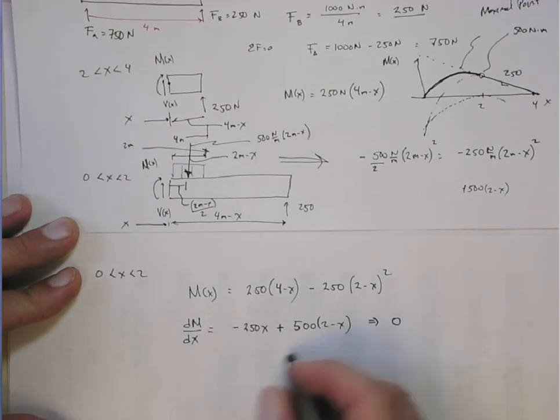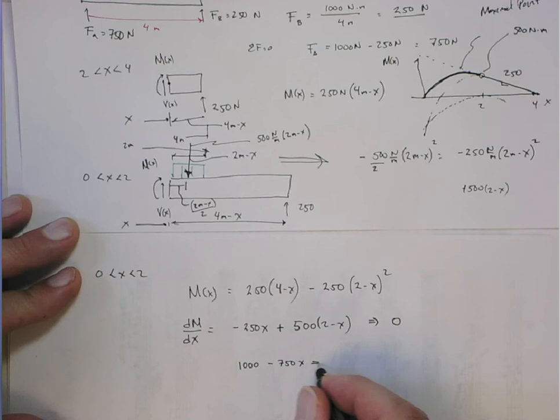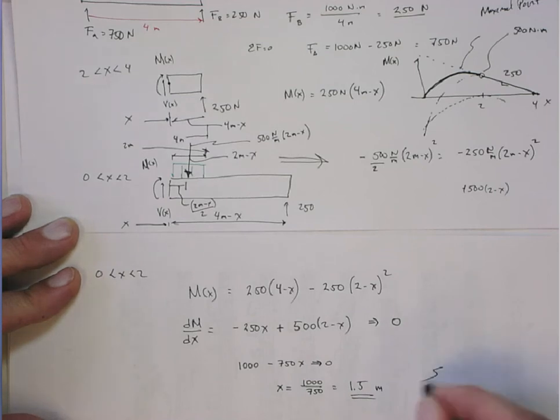We have, rewriting this, I've got 1,000 minus 250 minus 500, so it's minus 750x. We want to get that to 0, so that tells me that x is equal to 1,000 over 750, which is 4/3 or 1.5 meters. So that's where the maximum stress occurs.